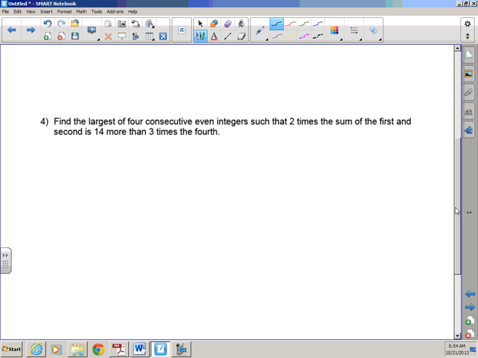So, find the largest of 4. That's just telling you which one they want you to figure out. Consecutive even integers. X, x plus 2 is the second, x plus 4 is the third, and x plus 6 is the fourth.